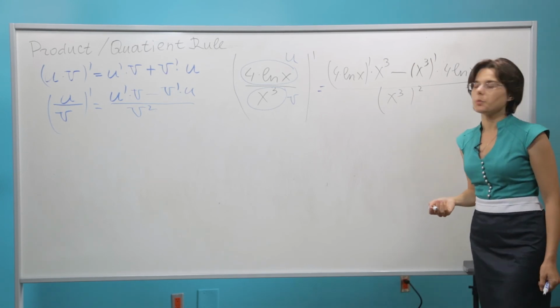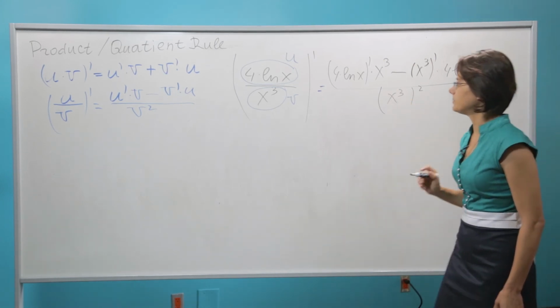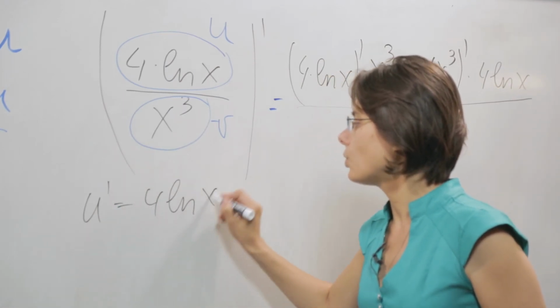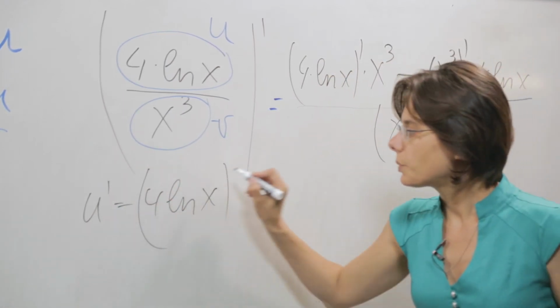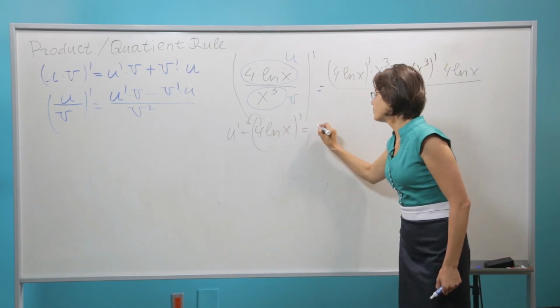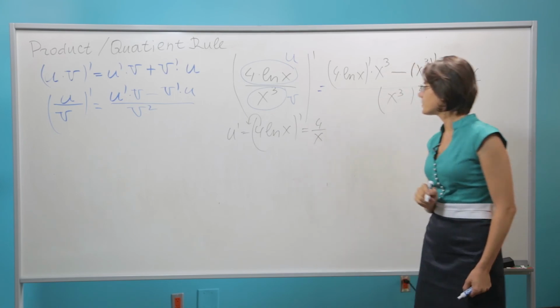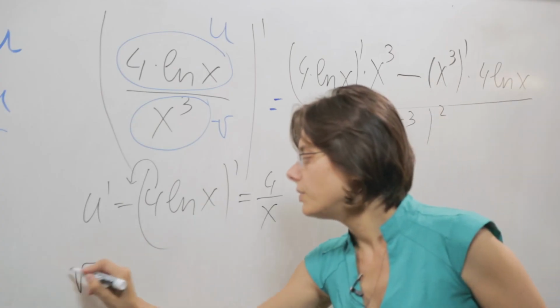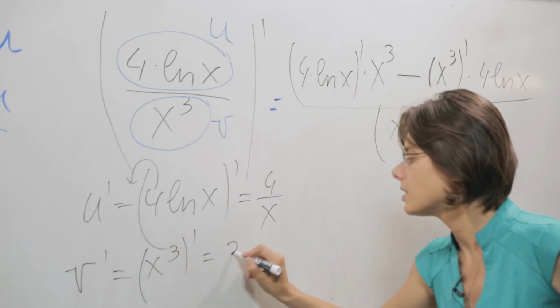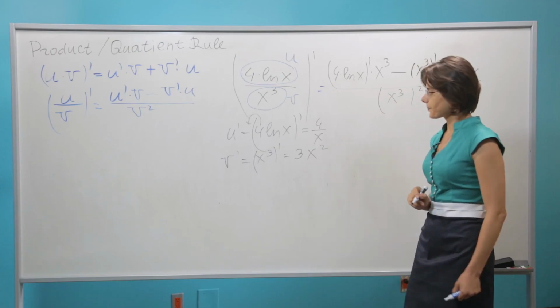Now again, separately I would find the derivatives of u and v. u prime is just the derivative of logarithm, and 4 we can bring outside of the differentiation, so we have just 4 over x. And the derivative of v is just our formula for x to the power of n, so it's 3x squared.